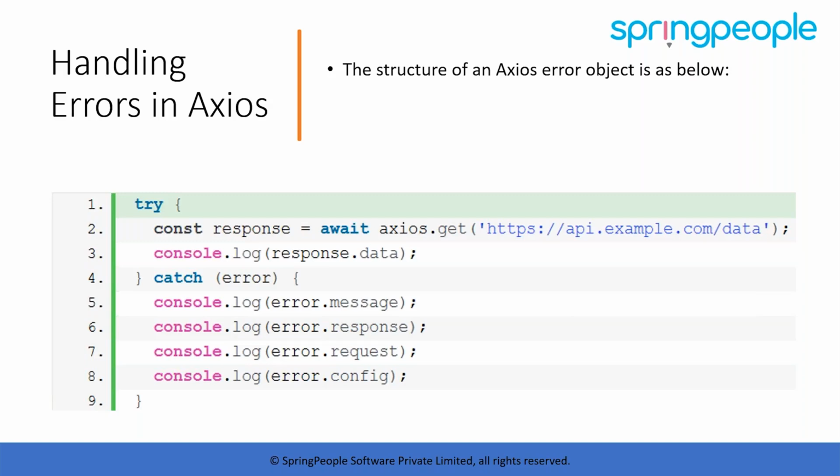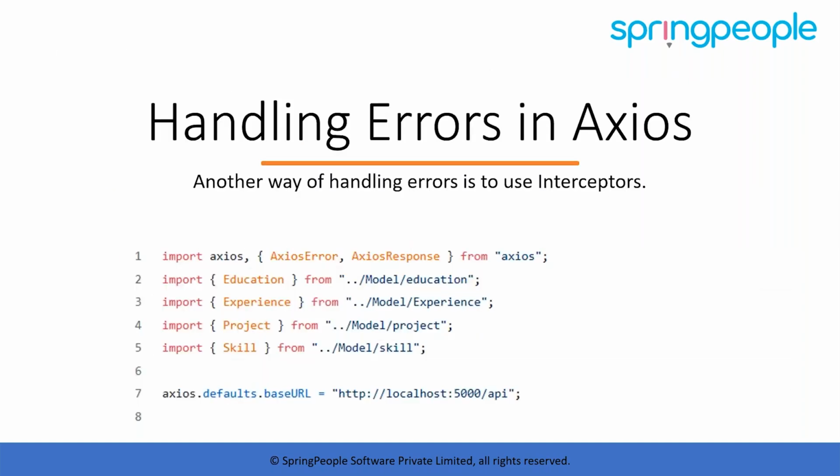All that information is available to you when you work with an Axios object. Now, how do you handle it? There is one other way in which you can work with error handling in Axios.